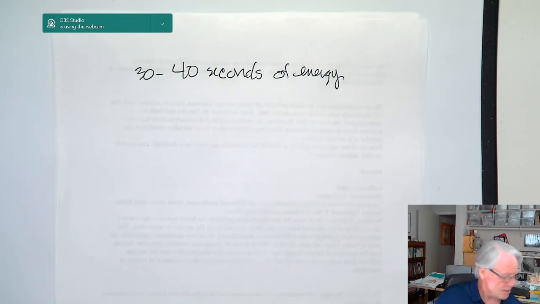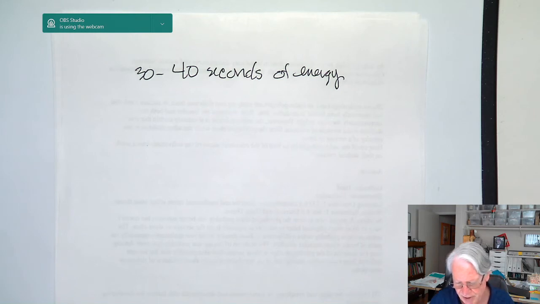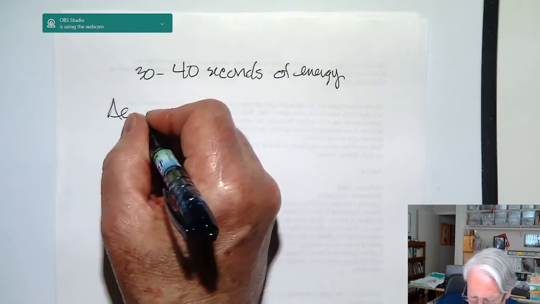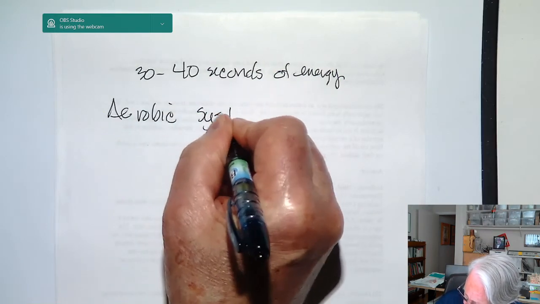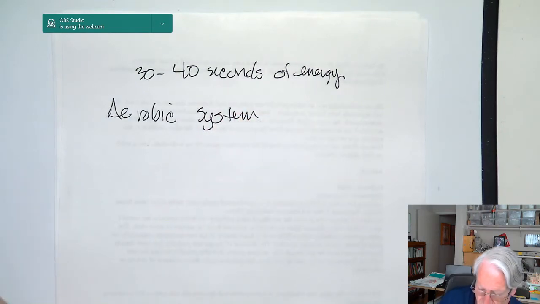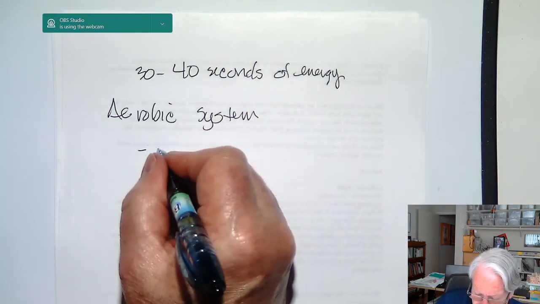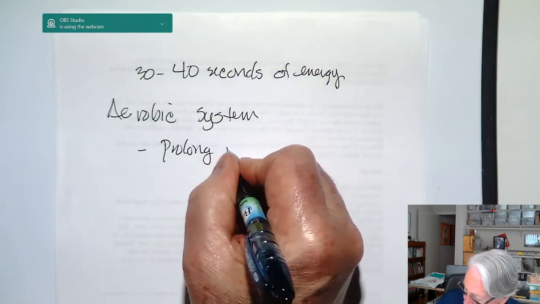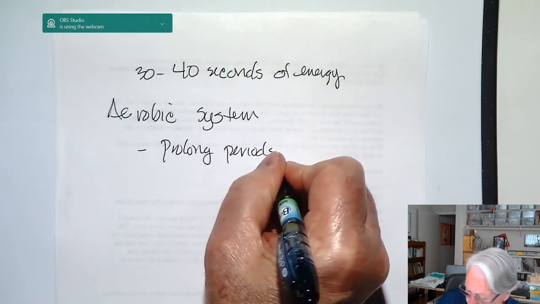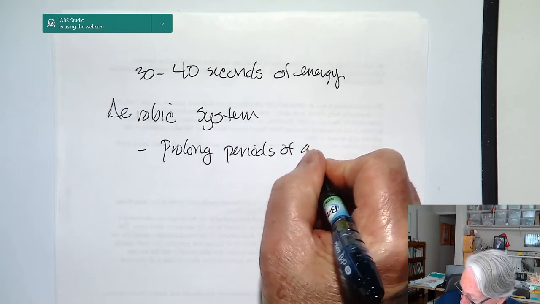But fortunately, what's going to happen is that you're going to now go to the aerobic system. So the last system is the aerobic system. And this allows you for prolonged periods of activity.